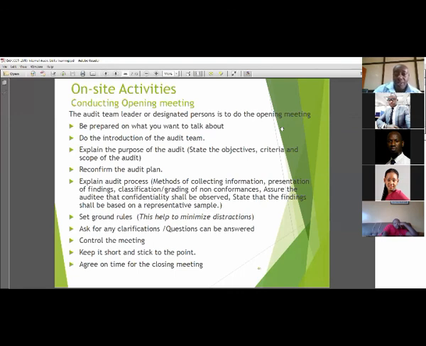Presentation of findings. How are you going to present your findings? Let the person know. Even how you are going to classify the non-conformance. We'll discuss that later on. If you talk of a major non-conformity, what will you mean? An observation, a minor. Assure the auditee that confidentiality shall be observed. That is very important. Let the person be at ease as they share the information.